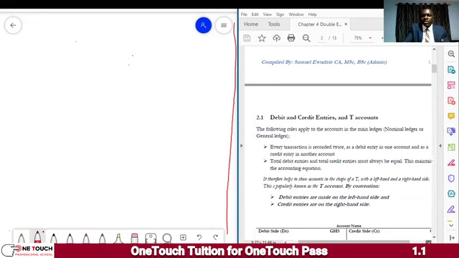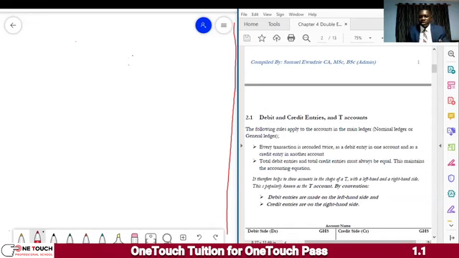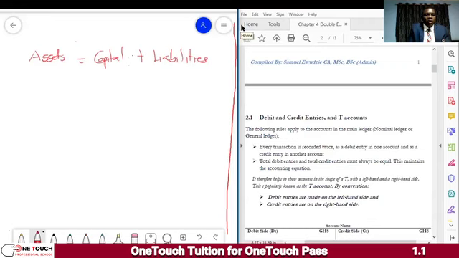And this maintains the accounting equation. Because we did mention that assets is equal to capital plus liabilities. So in this equation, you can see that we have a left-hand side and a right-hand side.